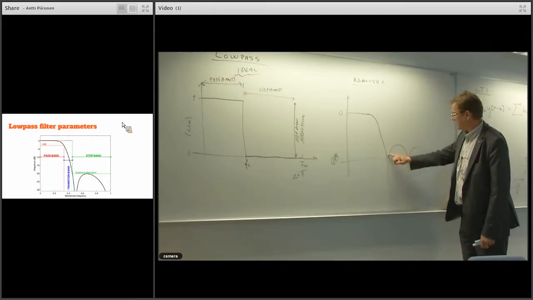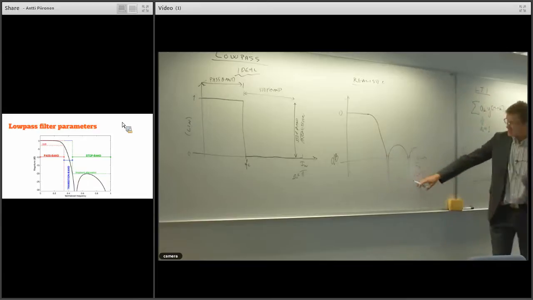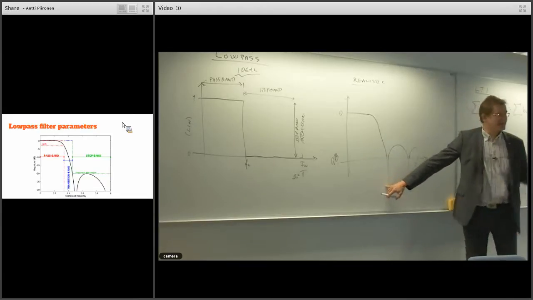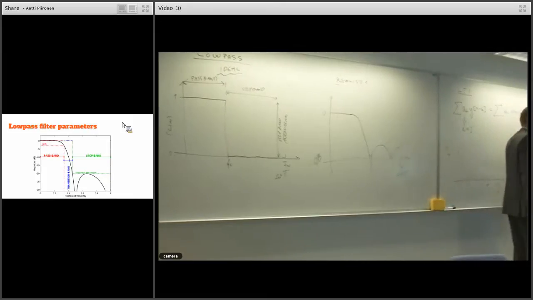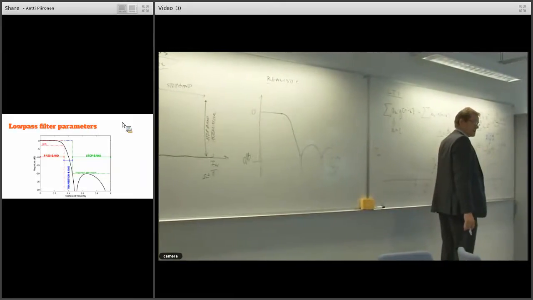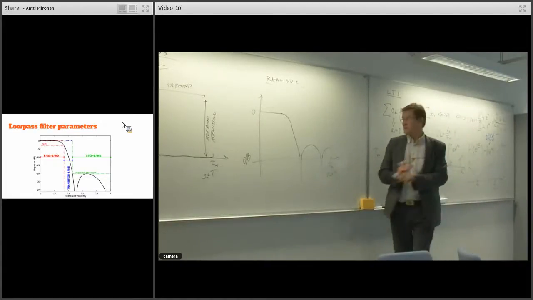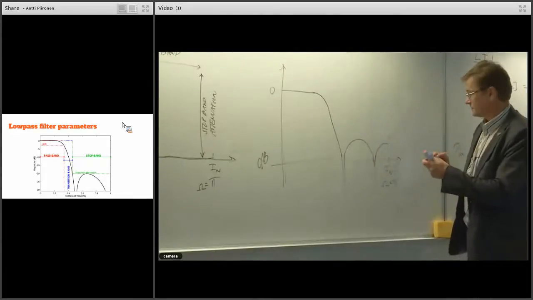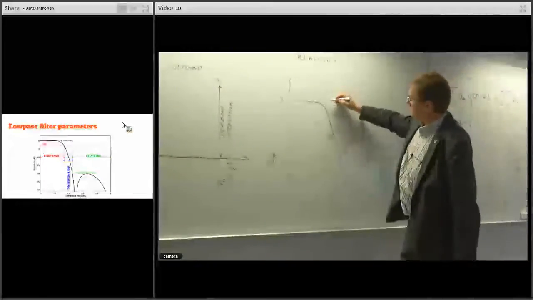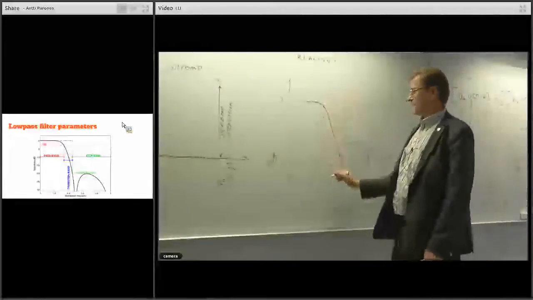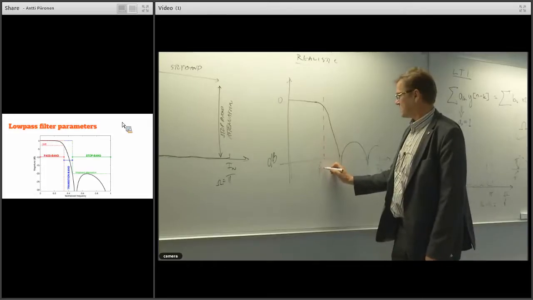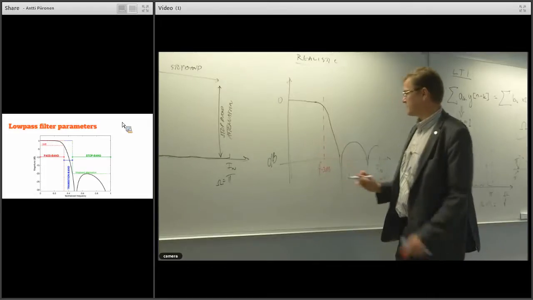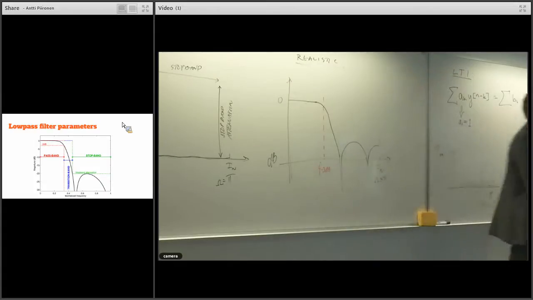Usually in these filters, we actually have a zero at the unit circle to make absolutely the best attenuation ever at certain frequencies. There, the cutoff frequency is usually defined by where the amplitude response goes to -3 dB, so half the power of the signal.